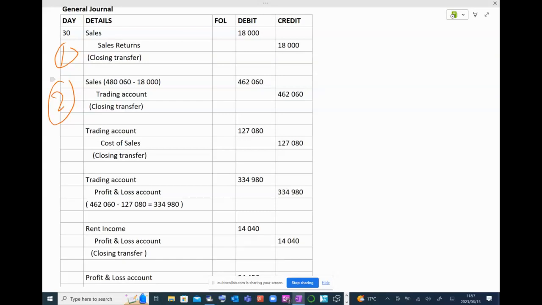No, we also work with drawings, which is in the balance sheet section. We also work with capital, which is in the balance sheet section. So it's a question of what are we actually doing and which stage are we? Does that make sense? Also, if they ask you to do the post-closing trial balance, then we're definitely making use of the trial balance, the balance sheet section, because we include the balance sheet section, but we exclude the nominal section.